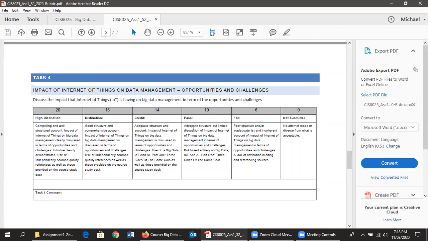If it's down the lower end, like a pass, or not considered a passing quality for that task, we will write some comments to explain why you didn't achieve a higher mark, so that you can improve. If you take that on board, you can improve with the next assignment.